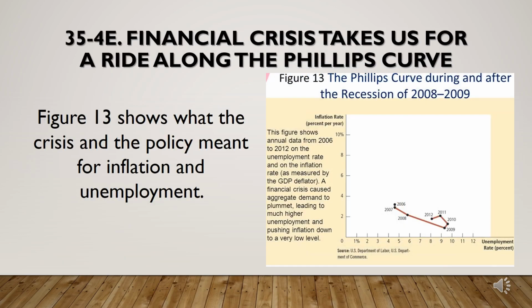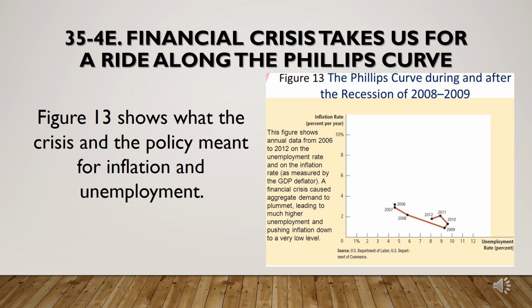We have now reached the final part, which is how the financial crisis takes us for a ride along the Phillips Curve. As you can see from the graph in figure 13, it shows what the crisis and the policy meant for inflation and employment. I will describe what the right side Phillips Curve explains.